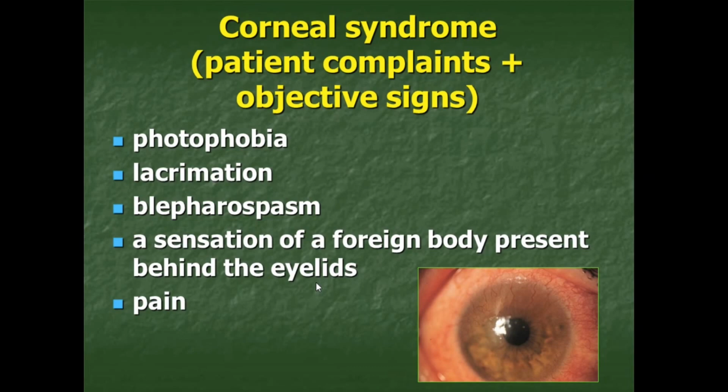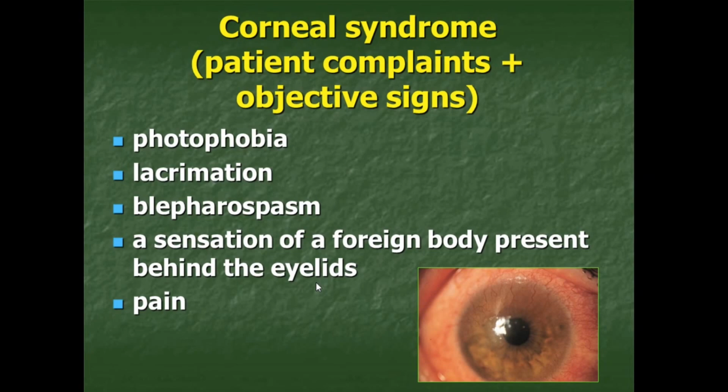You will see in your textbook and in specific ophthalmological literature the words corneal syndrome. So corneal syndrome is a syndrome which characterizes all types of keratitis.